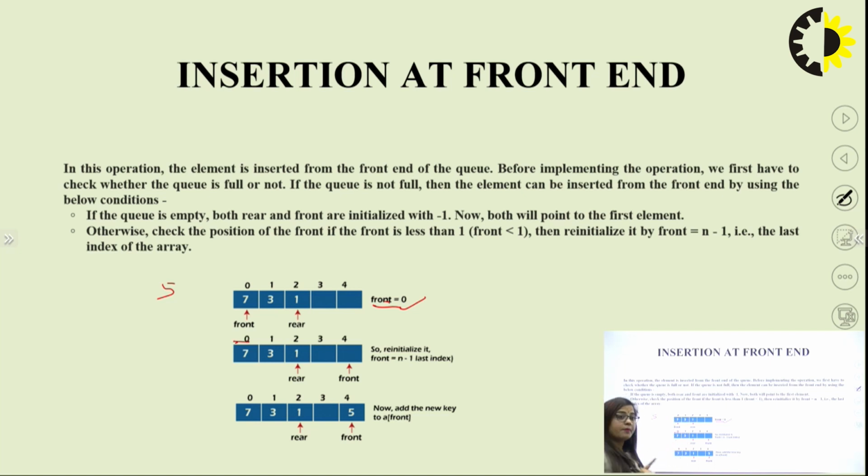But in DQ you can also insert in the other direction. So 5 is moved there, and now the front is here. So you can insert your element 5 here. Got it? So in the final output of this queue, 7 is there, your front is now 4 and the rear value is 2.